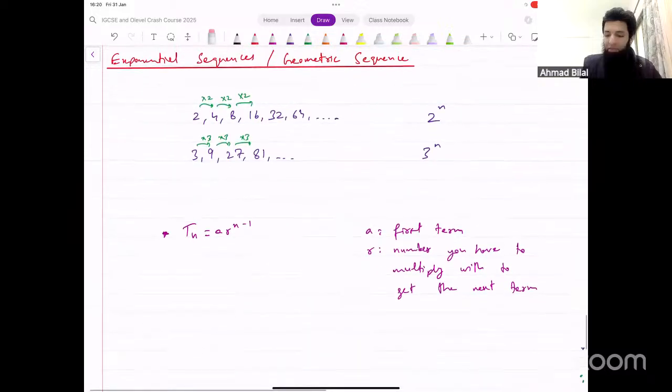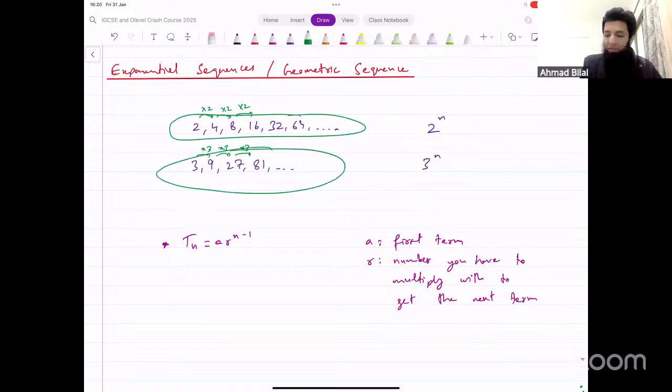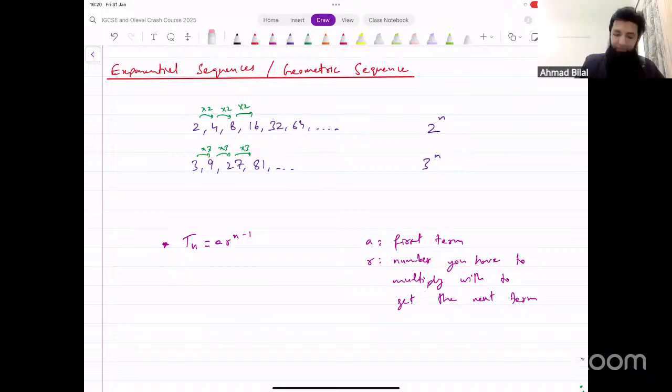Then we talked about exponential sequences, which are also called geometric sequences. Again, in this case as well, generally you will be able to figure out some pattern from the given question. Mostly, it's going to be just as straightforward as powers of 2 or powers of 3. If there's anything else, generally there will be a pattern in the question that you'll be able to figure out from that question itself.